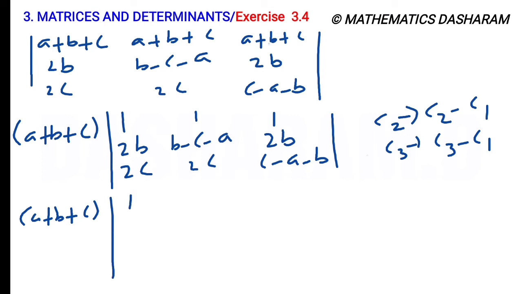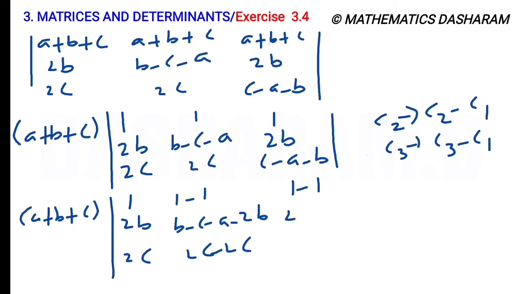So first column, no changes. So 1, 2B, 2C will come as it is. But the second column is replaced with C2 minus C1. So 1 minus 1, B minus C minus A minus 2B. So next, 2C minus 2C. Next, C3 replace with C3 minus C1. So 1 minus 1, 2B minus 2B, C minus A minus B minus 2C.